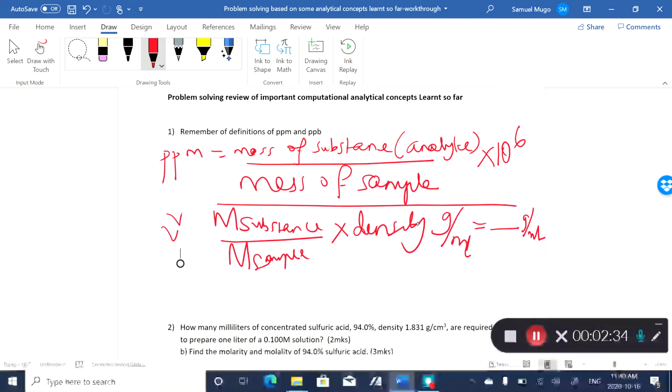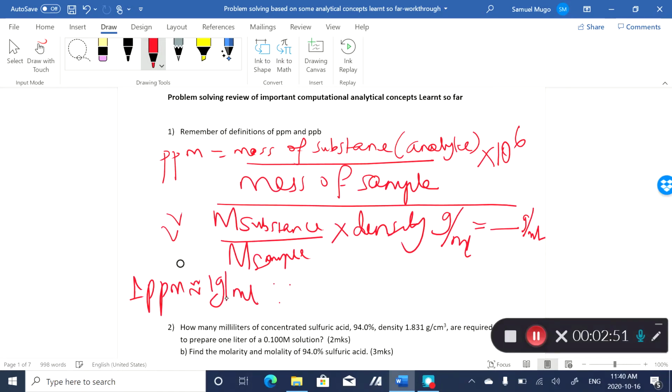Now if you're dealing with only 1 ppm, say, of your substance, chances are the density of such a solution is very close to the density of water, and that would be 1 gram per mL.